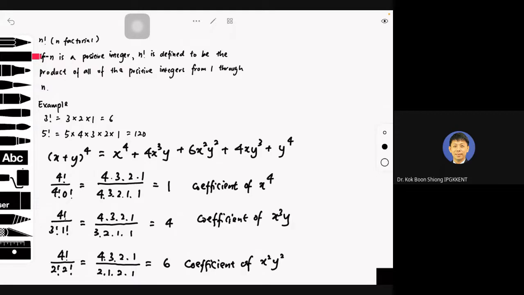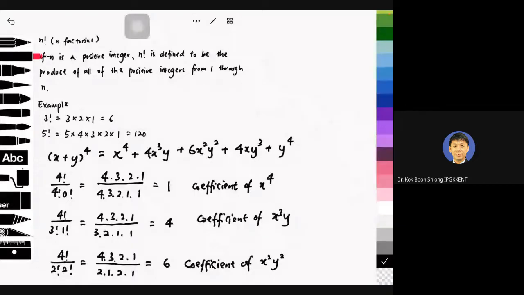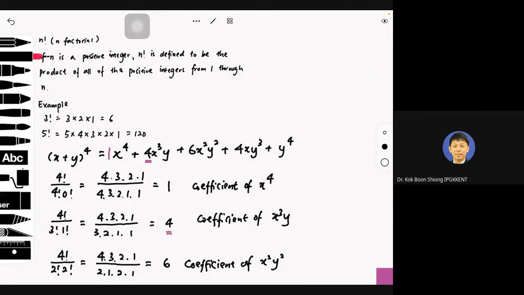So the answer is 1. The coefficient for the first one is 1. For the next one, 4 factorial divided by 3 factorial and 1 factorial, so the coefficient is 4.